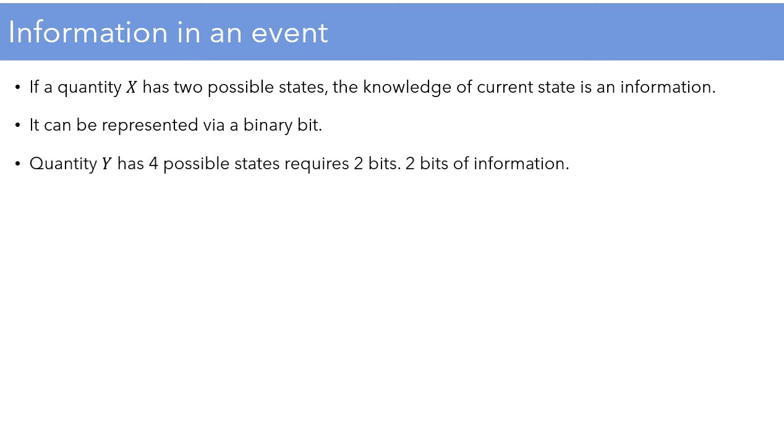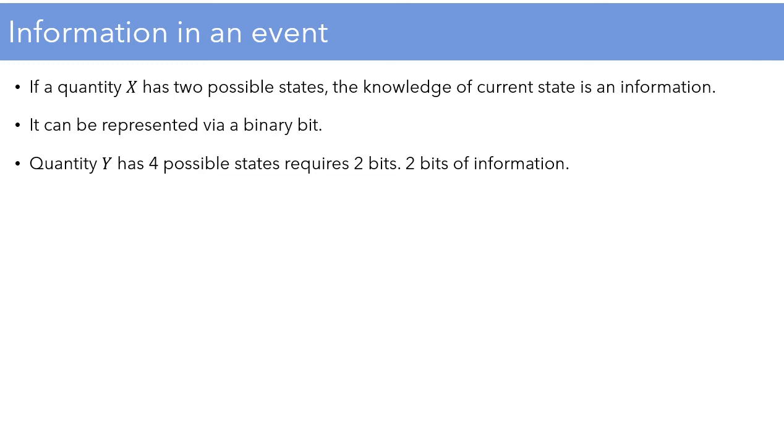Similarly, if quantity Y has 4 possible states, then you need 2 bits to represent it, so each combination of 2 bits will represent 1 state, and 2 bits can represent 4 states. So we say that the knowledge of the current state of Y has 2 bits of information, right? The state is telling me one value out of 4 values.